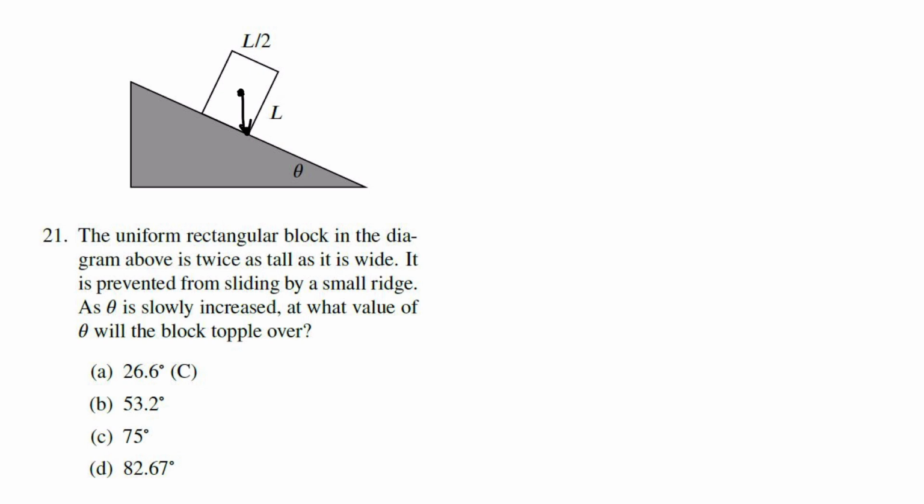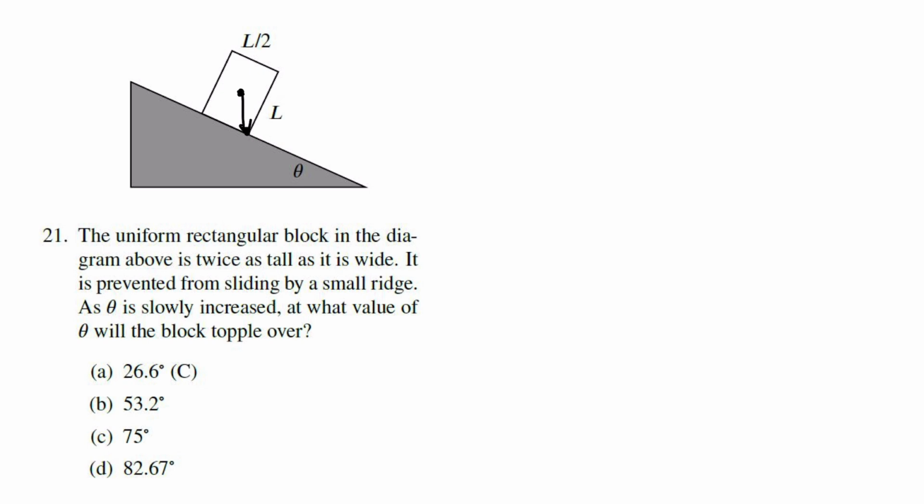The reason why this happens is that once you pass this point, the torque provided by the normal force on the block is no longer going to balance the torque provided by the gravitational force on the block. So we're trying to find that point of unstable equilibrium in this question.